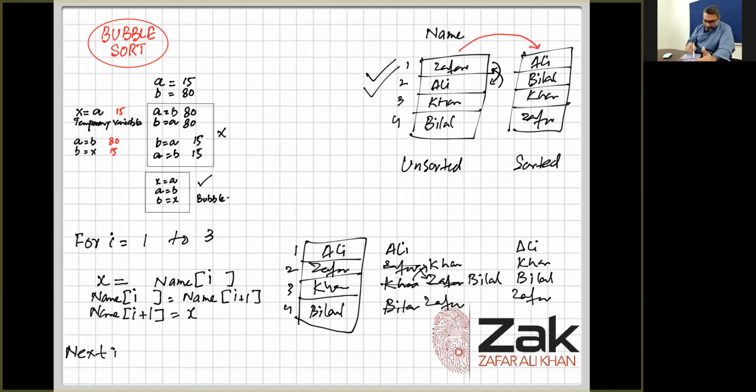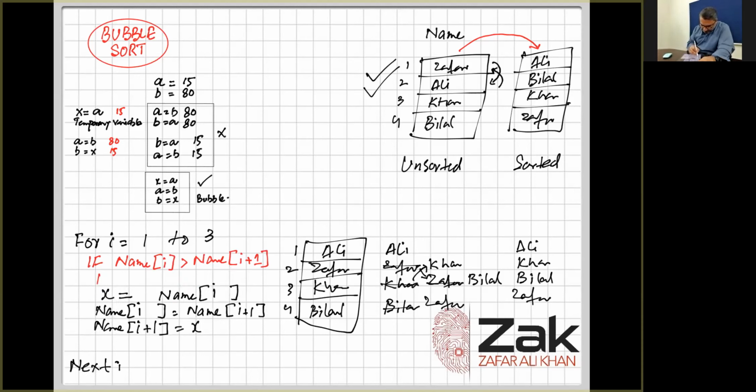So what I'm going to do is put an if condition here, which will be like: if name I is greater than name I plus 1, then I will do it. Otherwise, I won't.